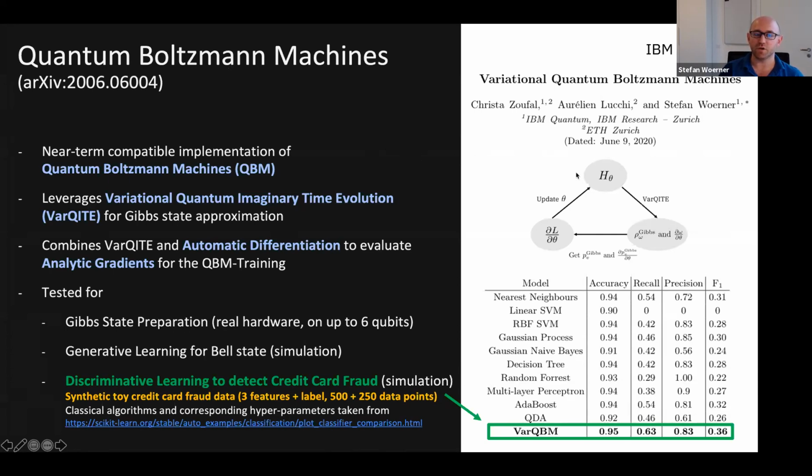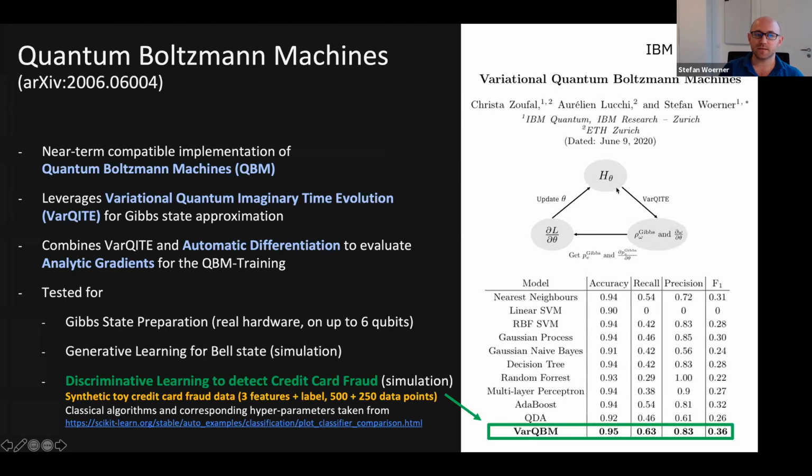It's encoded in a parameterized Hamiltonian. Then for this operator, we construct the Gibbs state, a thermodynamic state based on this operator. Then we measure from this resulting quantum state, and we use these measurements, these statistics, either for some classification or some generation task, for example. And then we use the results to update this parameterized Hamiltonian.